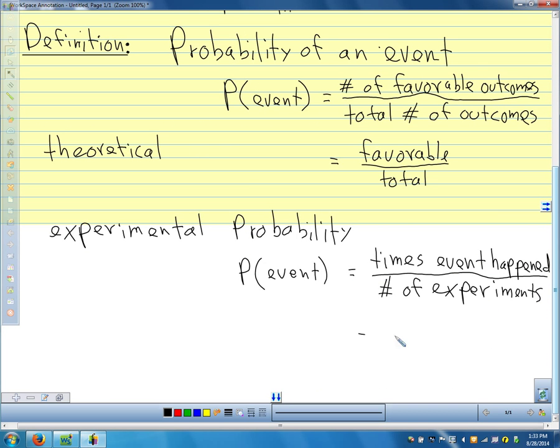And it is still favorable divided by the total.